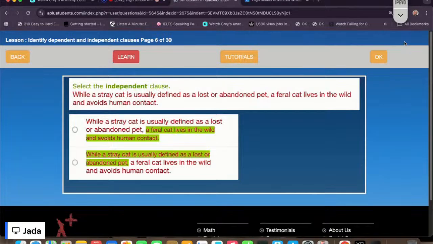While a stray cat is usually defined as a lost or abandoned pet, a feral cat lives in the wild and avoids human contact. Independent clause.